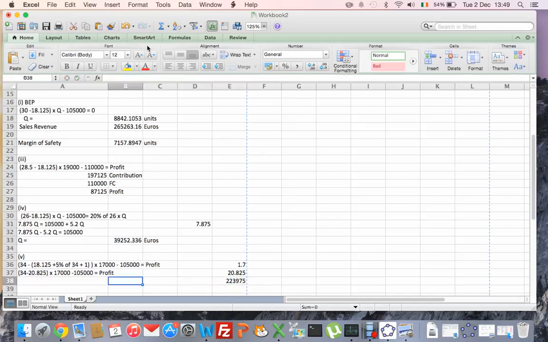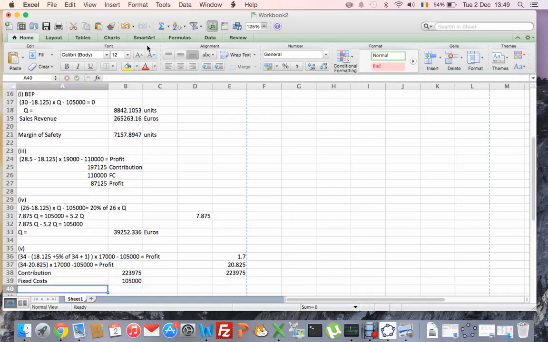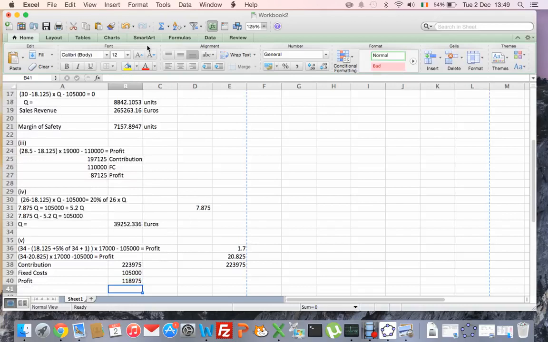That's going to be our contribution. We take away from that our fixed costs, which is 105, and it gives our profit. Okay, I hope that makes a bit of sense, and enjoy.